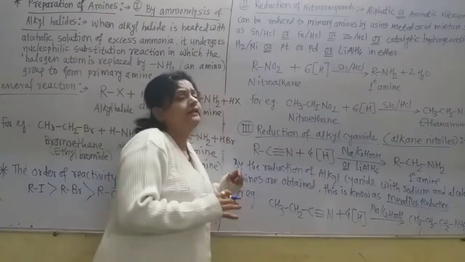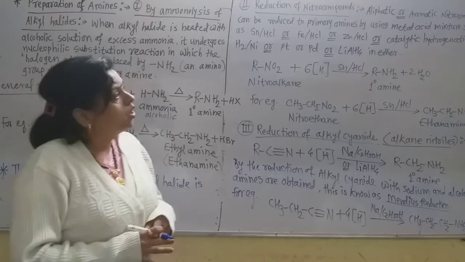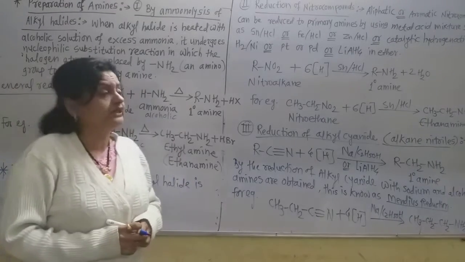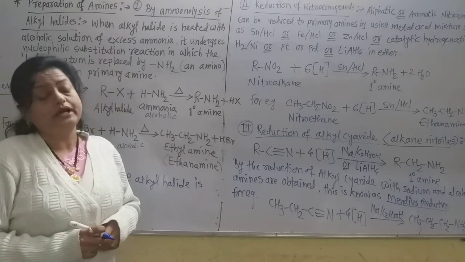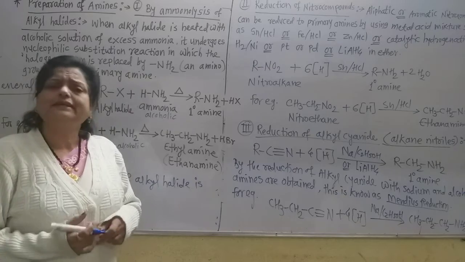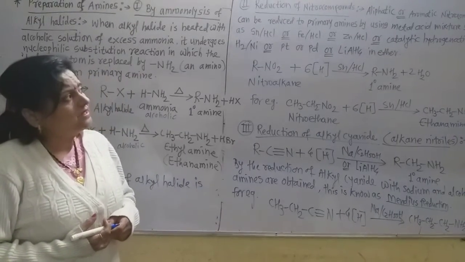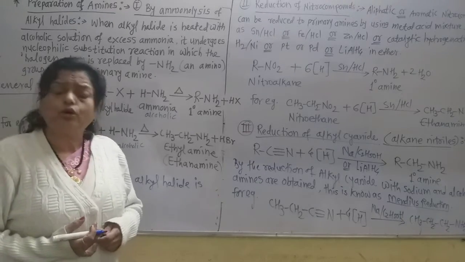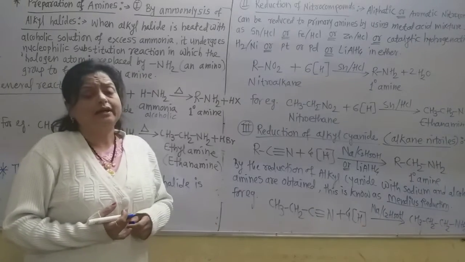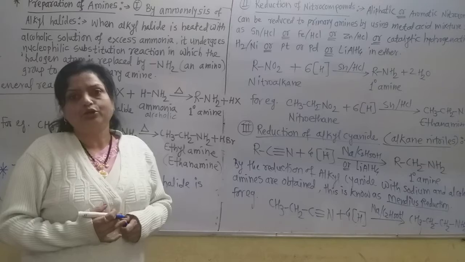Now the second method of preparation of only primary amines is the reduction of nitro compounds. Actually they are the nitroalkanes, but aliphatic and aromatic nitro compounds, that means nitroarenes and nitroalkanes.